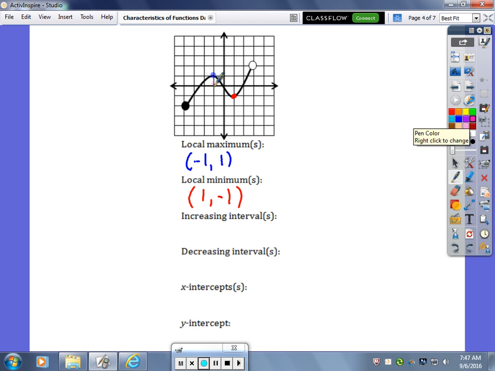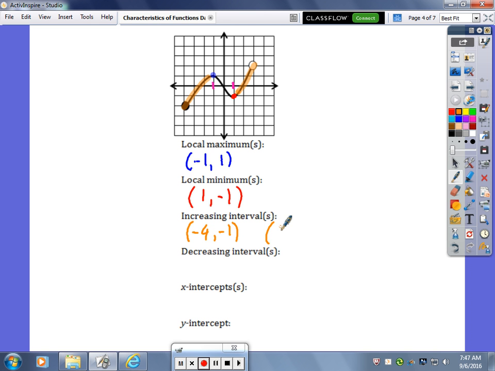We do have these two marks on the x-axis to help us find our increasing and decreasing intervals. We do have two increasing intervals, this and this. And the coordinates of our increasing intervals are from -4 to -1.